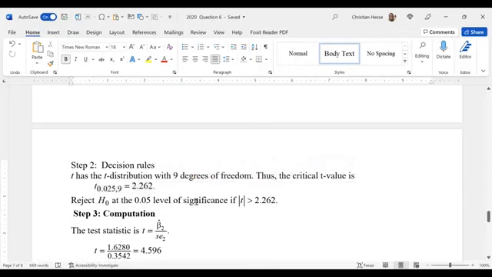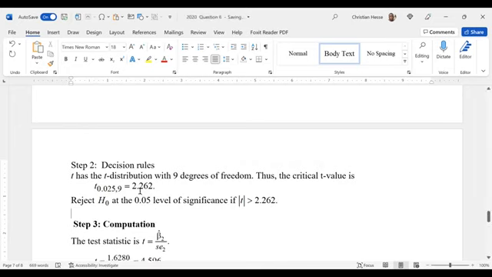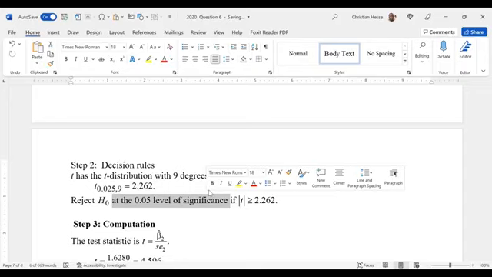The decision rule is that we reject H naught when the absolute value of T is greater than 2.262, or retain H naught when it is less than 2.262. So this will be greater or equal to this. Let's make it simple.